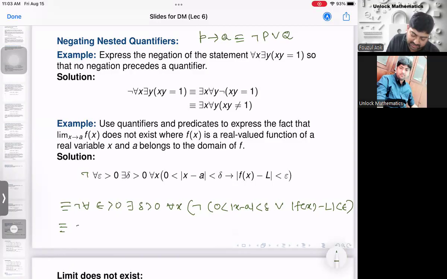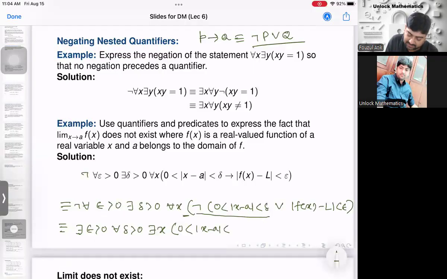For all will become there exists epsilon greater than 0. There exists will become for all delta greater than 0. For all will become there exists x. Then the negation will appear here. Now the negation of not P or Q is what? De Morgan's law for quantifiers. It will become P and negation Q, but the negation is already there, so the negation of negation is the original one: 0 less than mod x minus a less than delta.